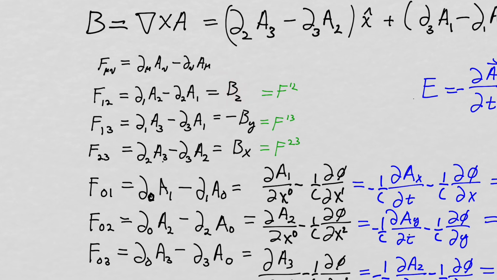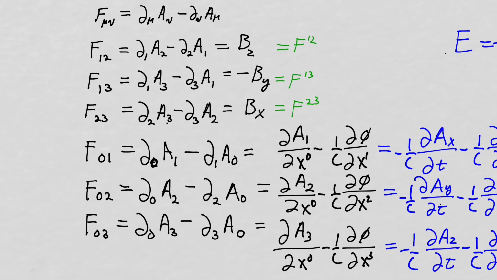And if you raise these two indices using the metric, you learn that Bz is not only the F12 component of the fully covariant form of the electromagnetic field tensor, it's also the fully contravariant form. In other words, raising these two indices doesn't change a sign. Sometimes you get a sign change. Actually, for the electric fields, you do get a sign change, as you'll see in a moment.